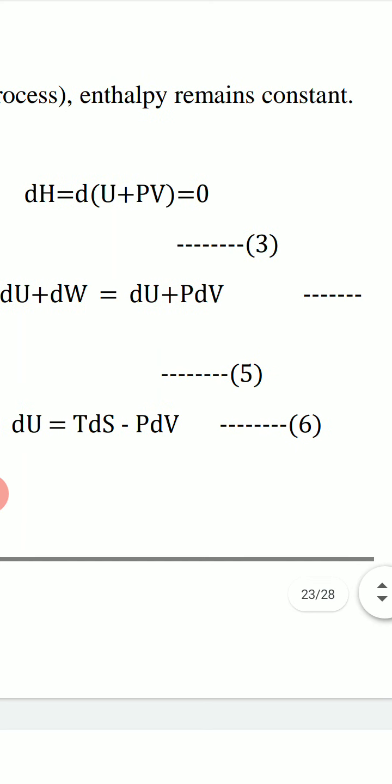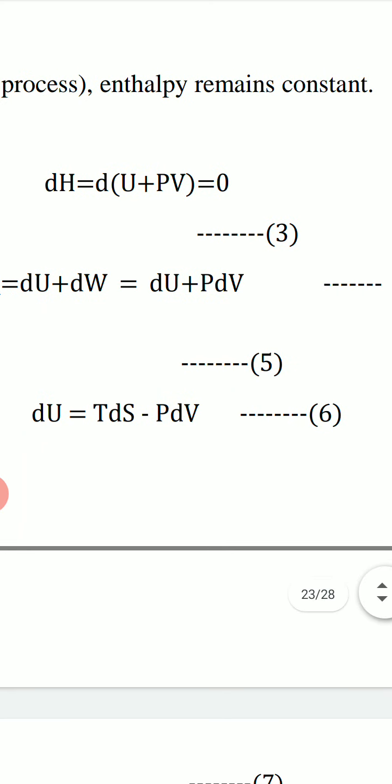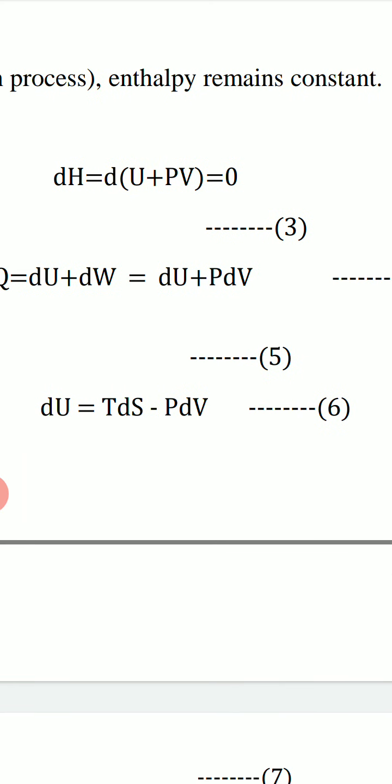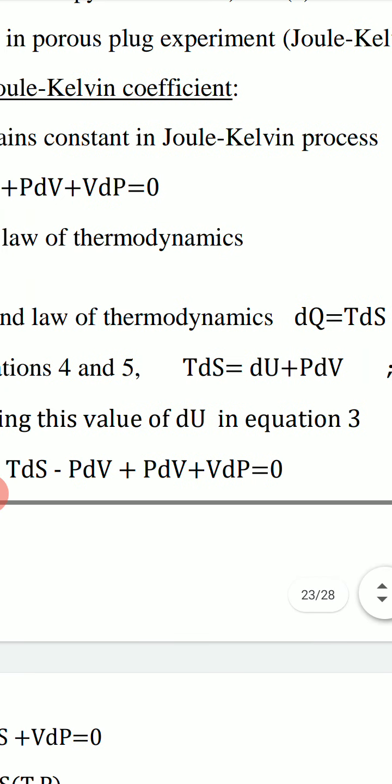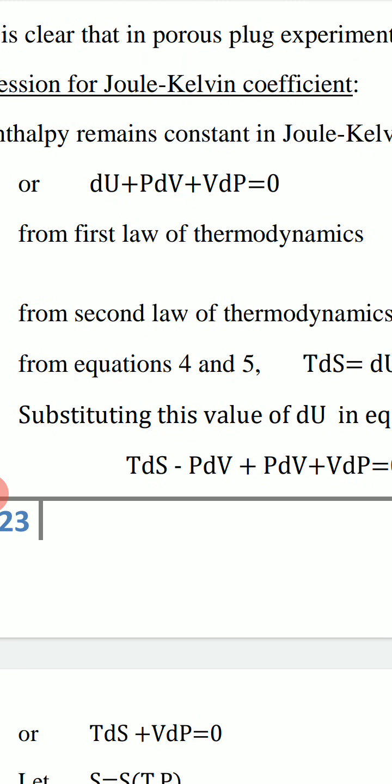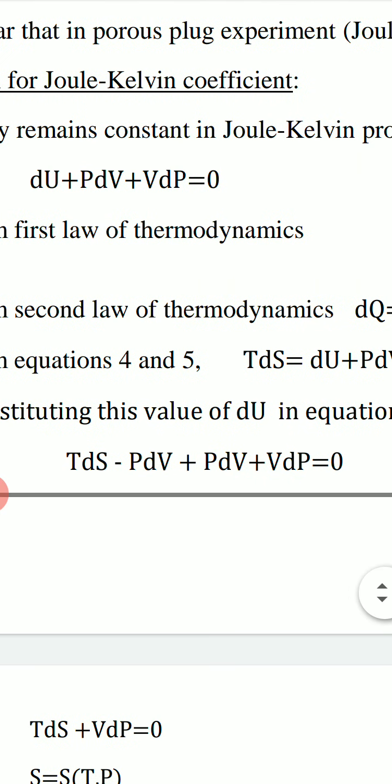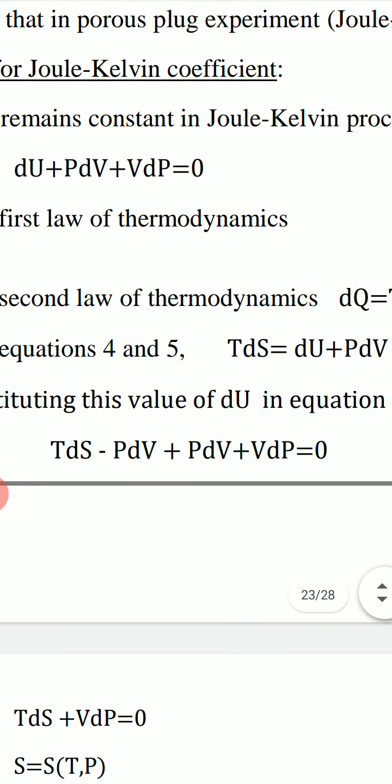Differentiation of U is dU and differentiation of PV is PdV plus VdP: first function times differentiation of second plus second function times differentiation of first. So now we have this relation: dU plus PdV plus VdP equal to 0.